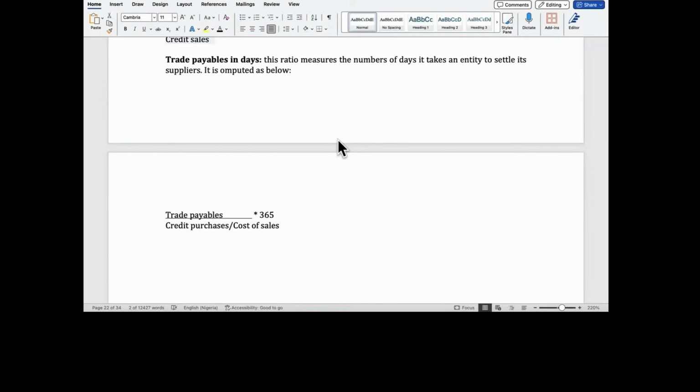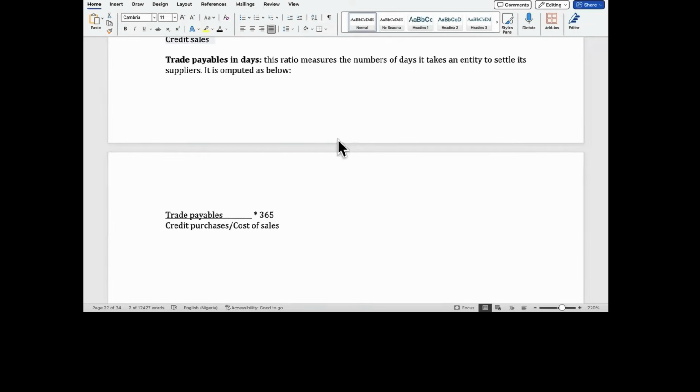Then interpret this ratio as the company delaying suppliers' money because they are using it to fund their operations, since they don't have liquid funds. That is why they have extended trade payables in days, which is, of course, not good.